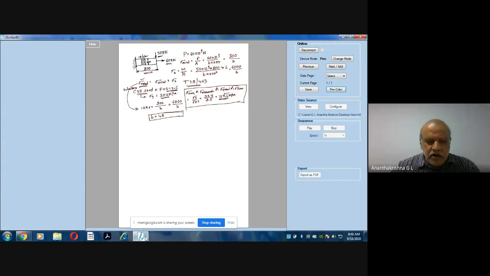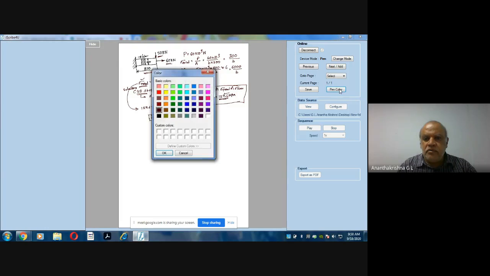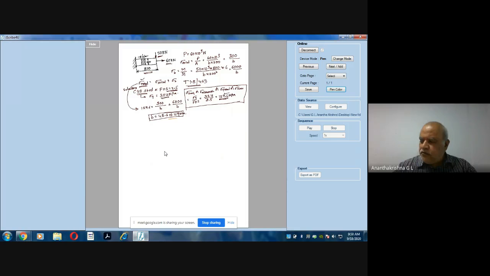That 48.6 is what I got. So round it off to 49 mm.